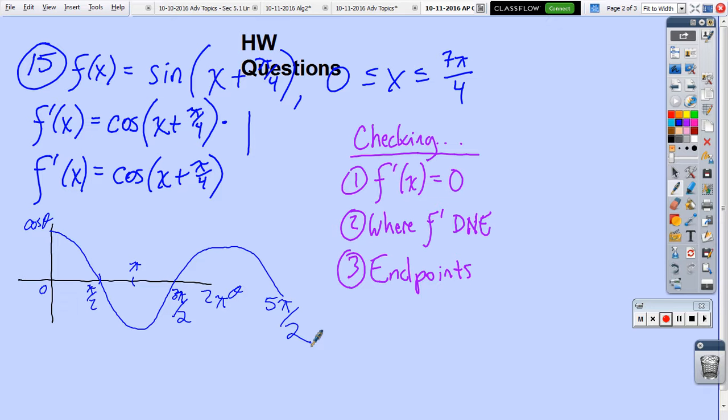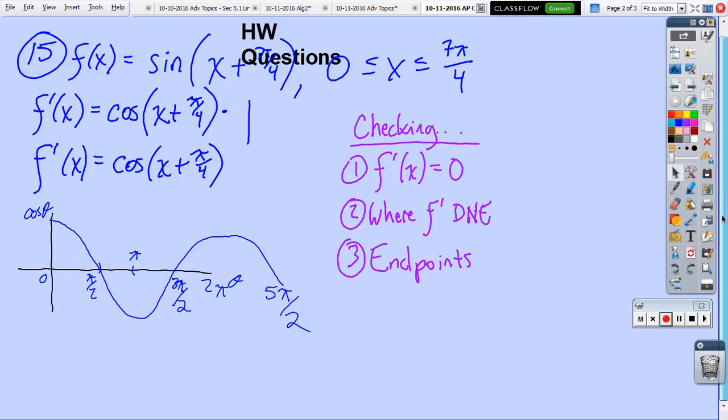Okay. So from here, let me move this over. I want it all to be kind of on the same thing here. I'm going to write small here. So let's do this.